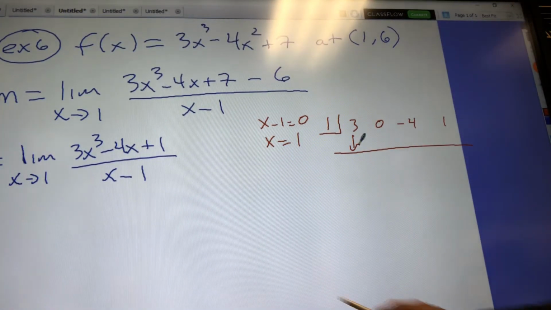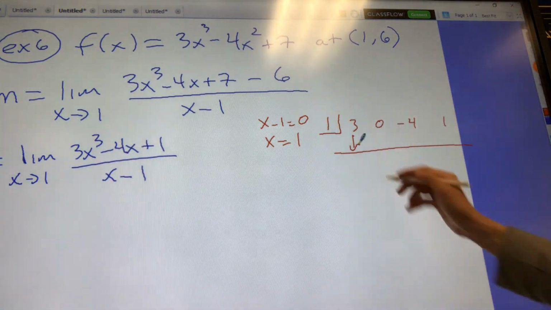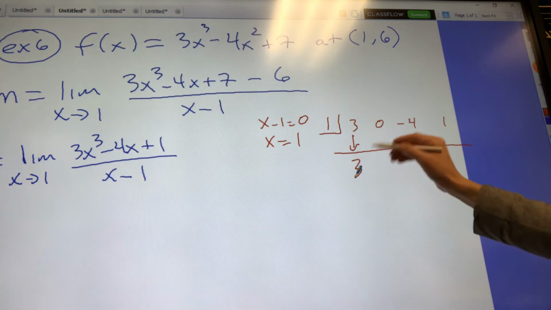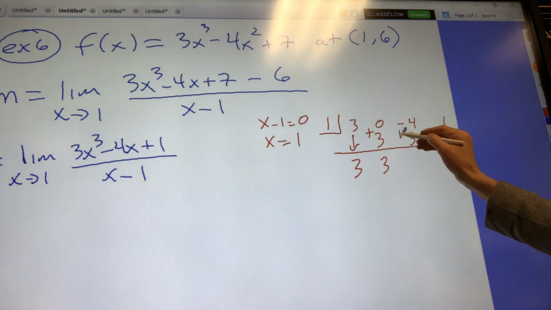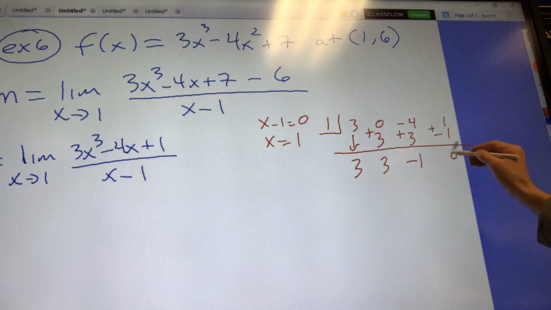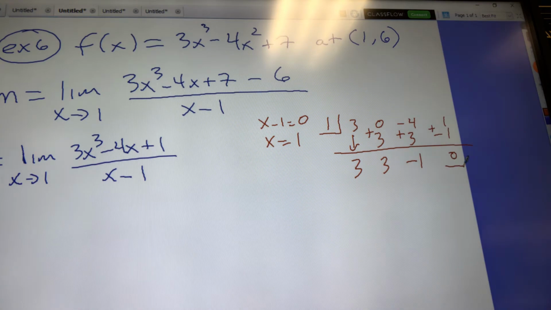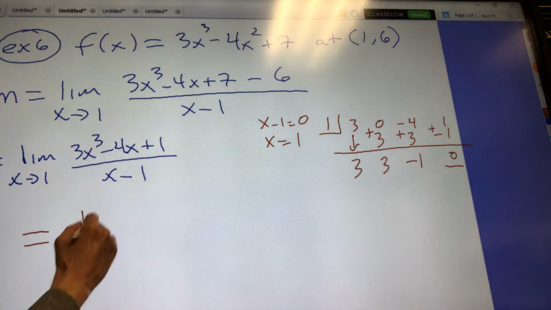We're bringing down that 3. We're really doing 3x to the third divided by a single x. We know it's got to be a 3x squared there. And multiply and add. Multiply and add. Multiply and add. 0 is our remainder there, and we knew it had to be 0, so that is good. So now we have divided the x minus 1 away.